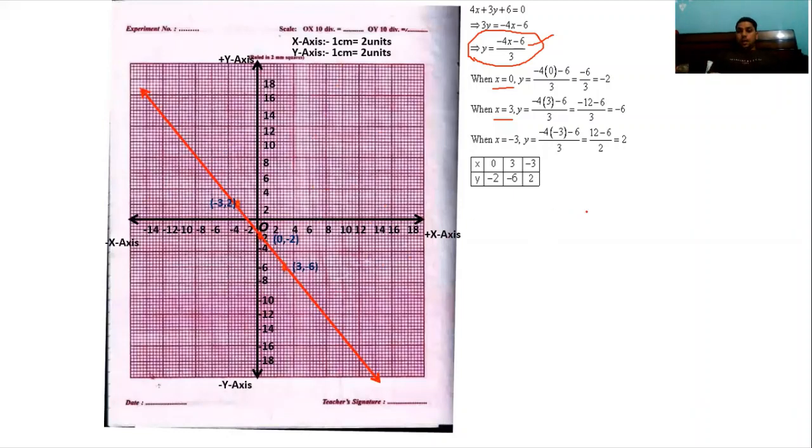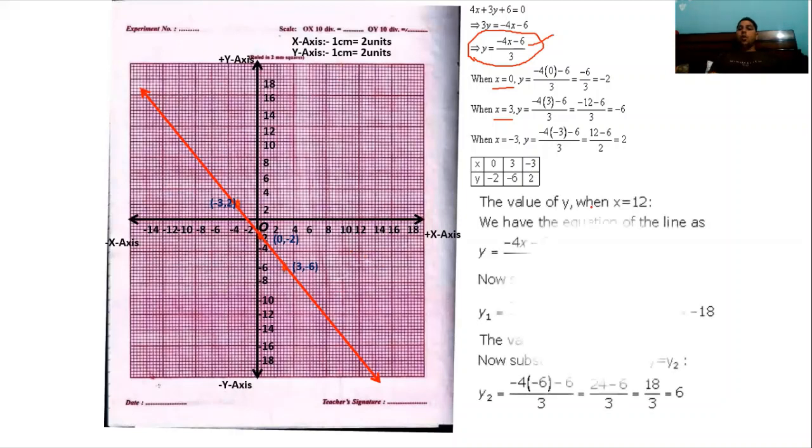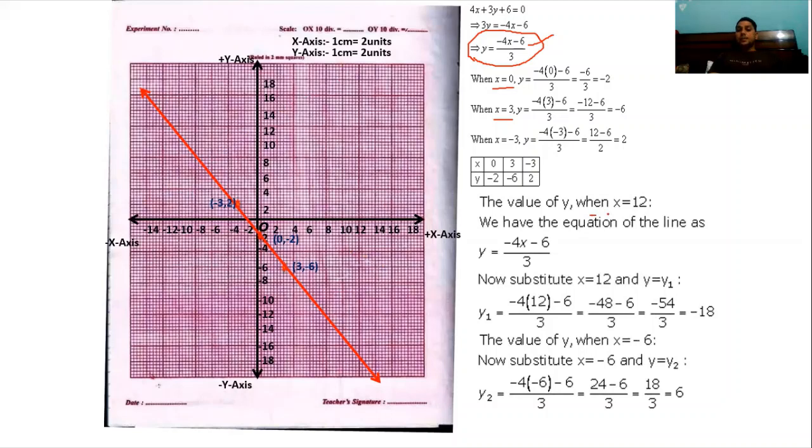But in this particular question, we are given the value of x and we have to find the value of y. For the given x equal to 12, we have to find y. So x equal to 12 will be here.